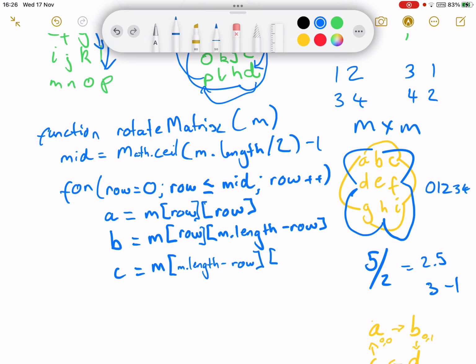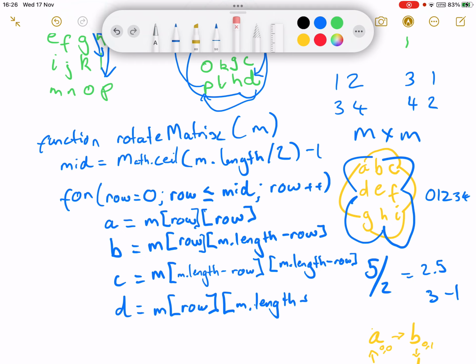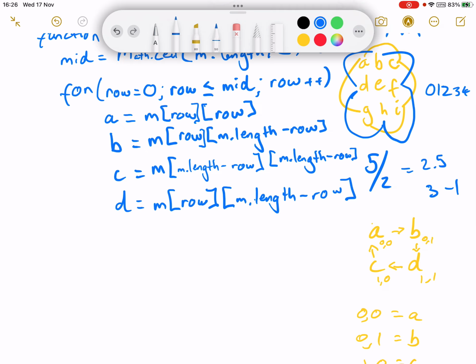And yeah, so you're going into that row and then M dot length minus row, and then D is M row, M dot length minus the length minus row, right? Then you fill in things.